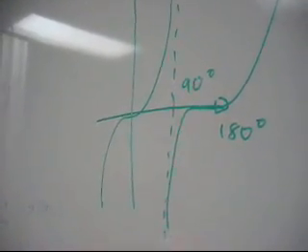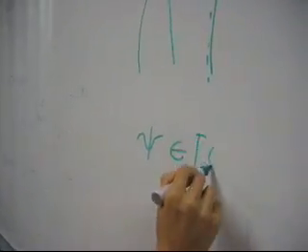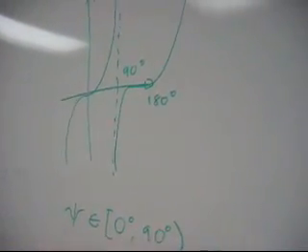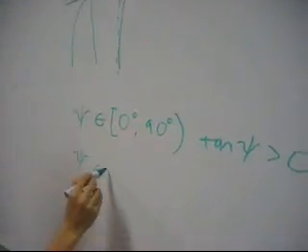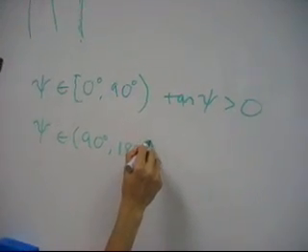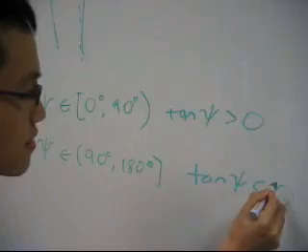When psi is in 0 to 90 degrees, then tangent psi is positive. But when psi is in 90 to 180 degrees, then tangent psi is negative.